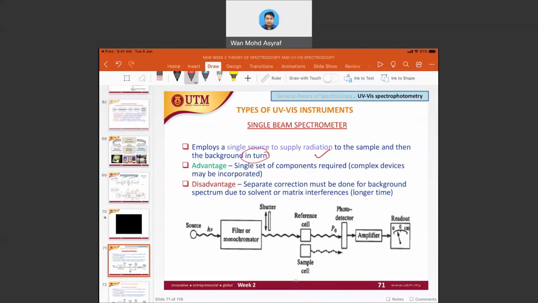So basically, the instrument is much cheaper as compared to the double beam, which is much more expensive. The disadvantage is that the separate correction must be done for the background spectrum due to the solvent matrix interferences, which will take much longer, because you need to do the measurement separately.